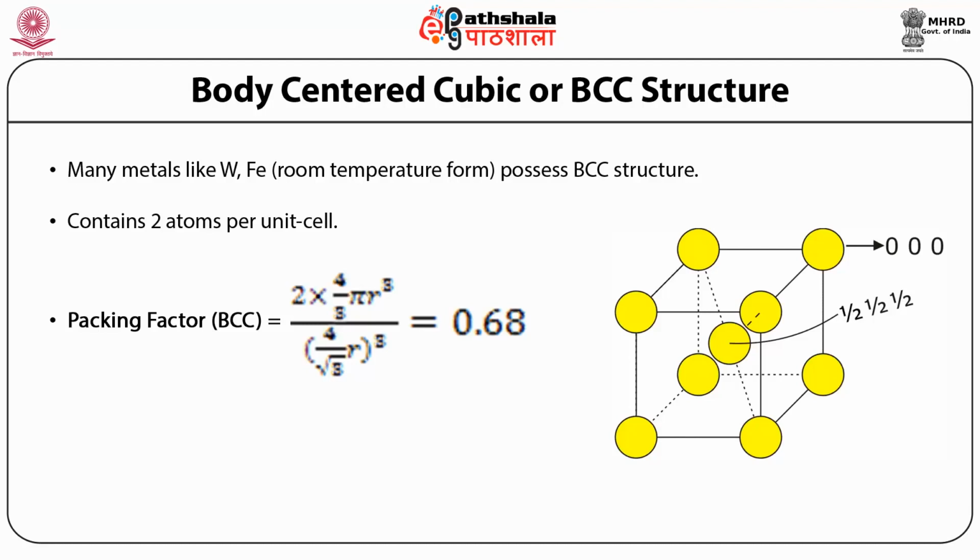Here, why twice? Because there are two atoms per unit cell, divided by the volume of one unit cell, which is (4 by root 3 r) whole cube. So the packing factor comes out to be 0.68. In comparison with simple cubic structure, the packing factor of BCC is slightly higher.